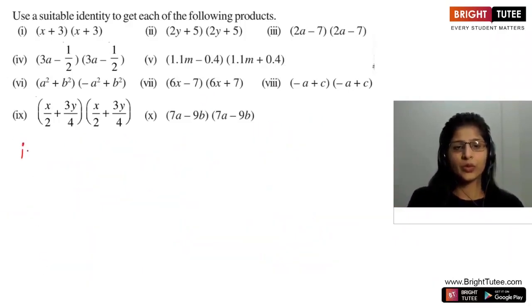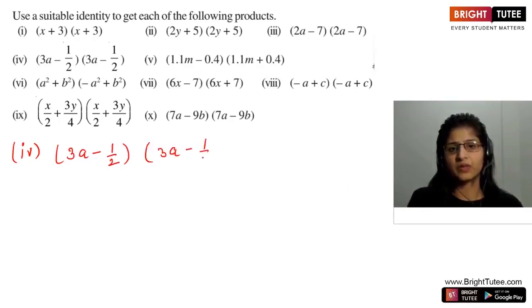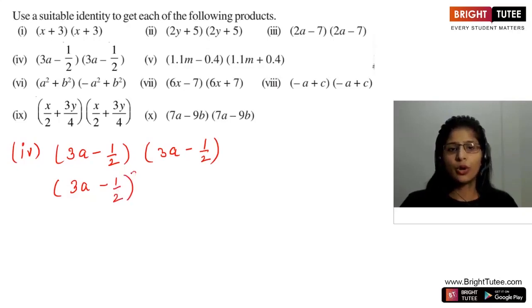In the fourth part of the question, students, we are given 3a minus 1 upon 2 multiplied with 3a minus 1 upon 2. Now it is (a minus b) into (a minus b). From this we get (3a minus 1 upon 2) whole square, and it is equal to (a minus b) whole square.